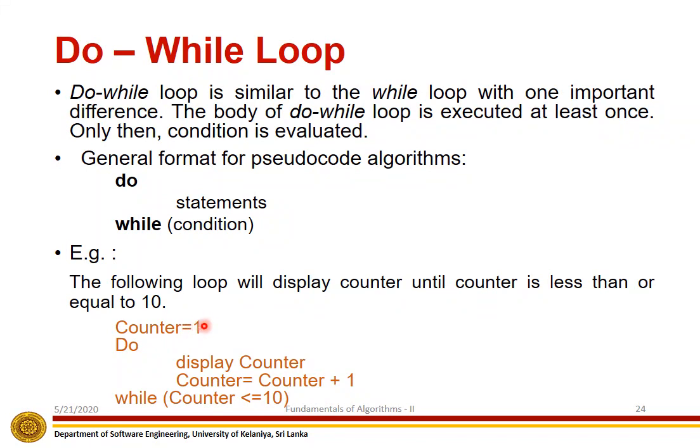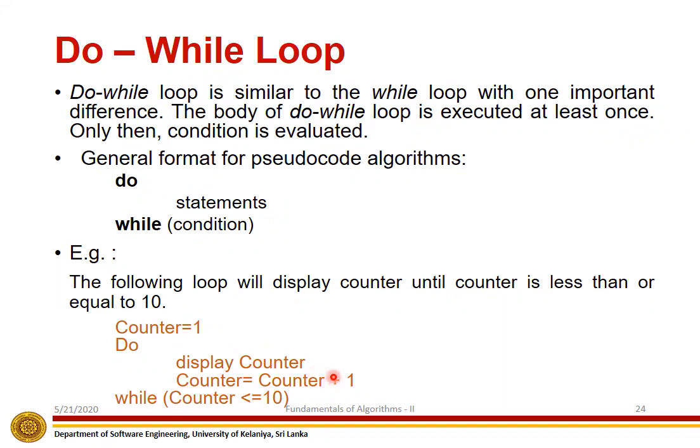First, count is equal to 1, then display the counter, which means display 1. Then 1 plus 1 equals 2, now count is 2. Then check the condition, 2 is less than 10, so again go to the do part. Display the counter, which means display 2.